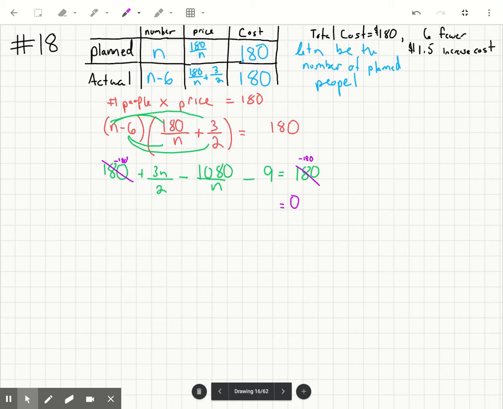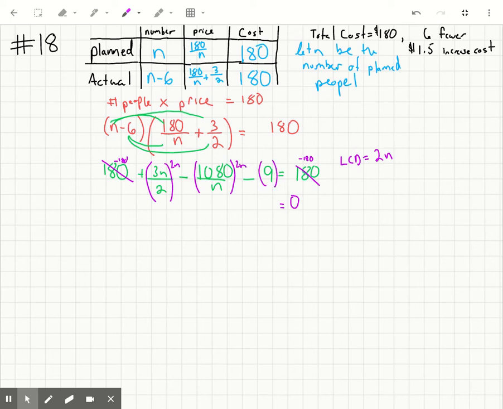Those are both primes, so the lowest common denominator here is 2n. So we're going to multiply everything by 2n. Not the 180s, because we don't need to do that, waste of time, right? So we're going to multiply all these parts by 2n.